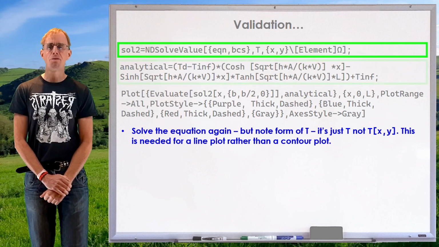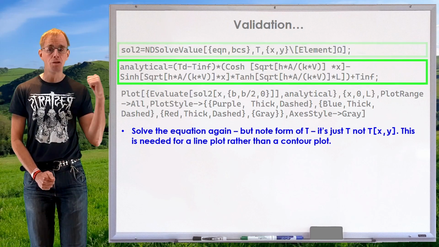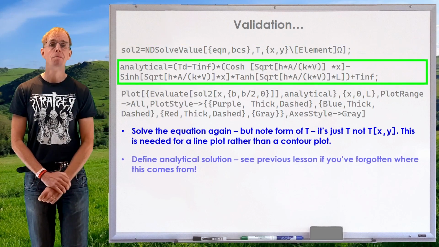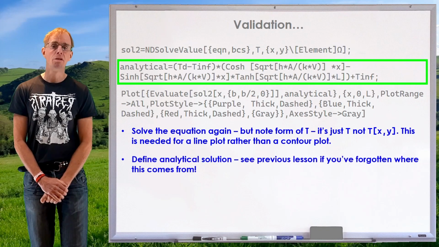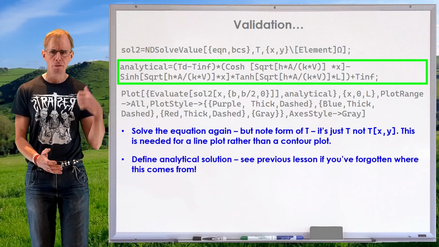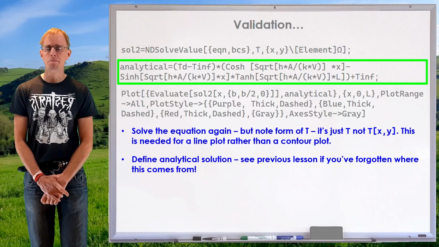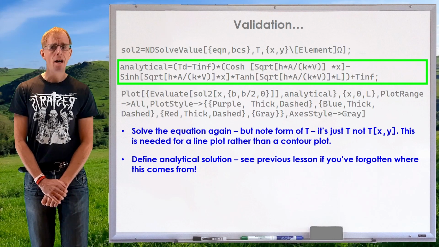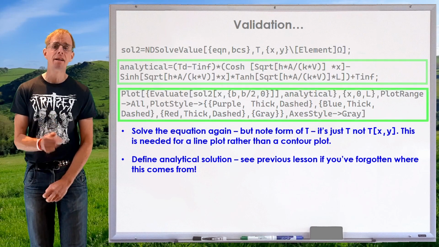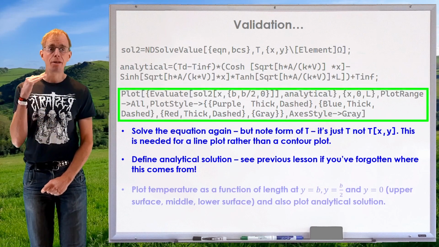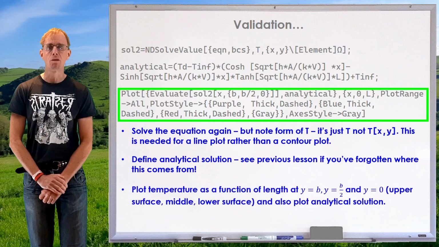I'm also going to define a function that is my analytical solution, which involves those hyperbolic trigonometric functions that we derived last time. If you can't remember the form of the solution, go and review last lesson's derivation of this. And then I'm going to plot both the analytical solution and various temperature sections from the numerical solution.